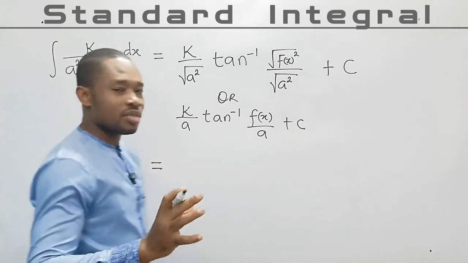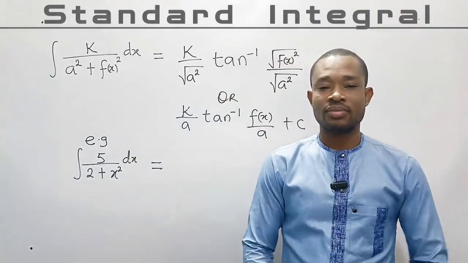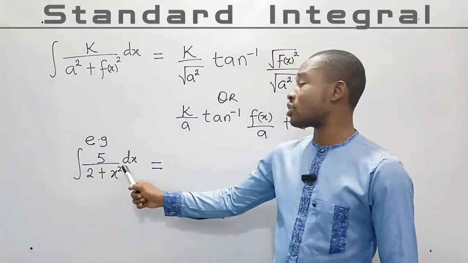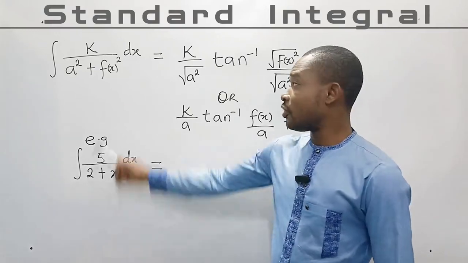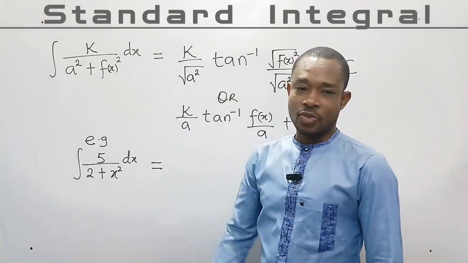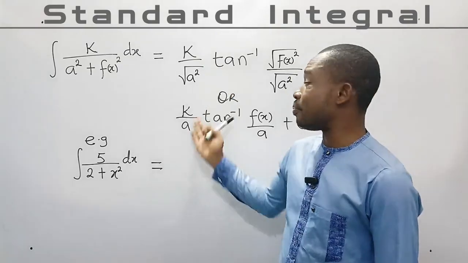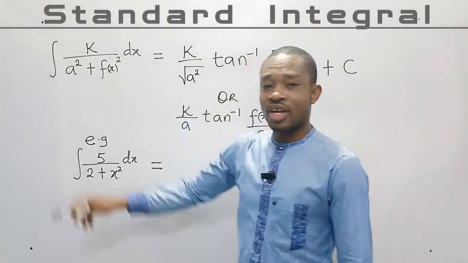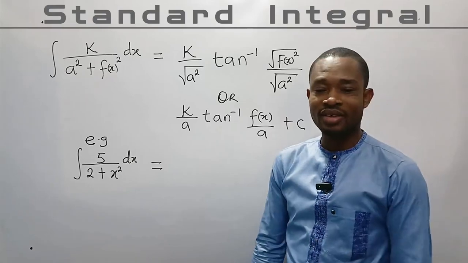Now, without wasting time, take a look at this expression we are asked to integrate. You notice it is a constant divided by another constant plus the square of a variable, the square of a function. So it follows this standard. And hence, we can simply do our copy and paste to get our answer, because whenever you're given the integral of a function like this, this is the solution like I said. It's just for you to do your copy and paste.